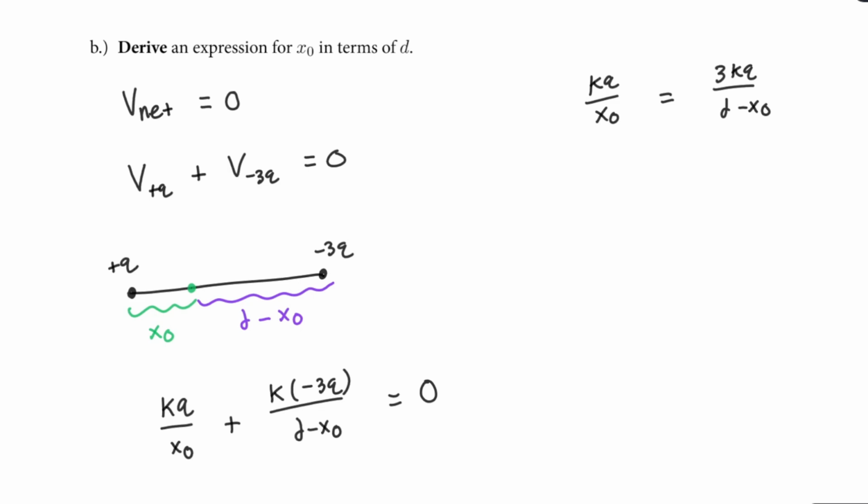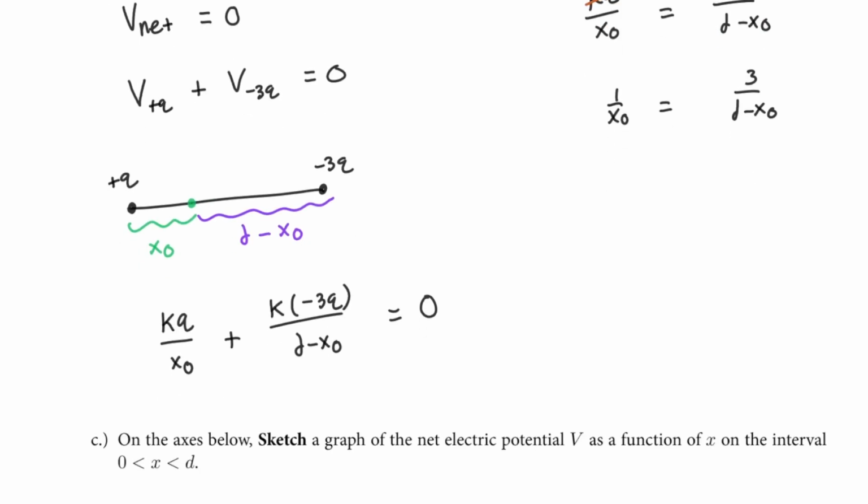So we see that both the k and the q cancel. So we're just solving 1 over x0 equals 3 over d minus x0. So we can multiply both sides by d minus x0. Yeah, I think that's probably what we want to do.